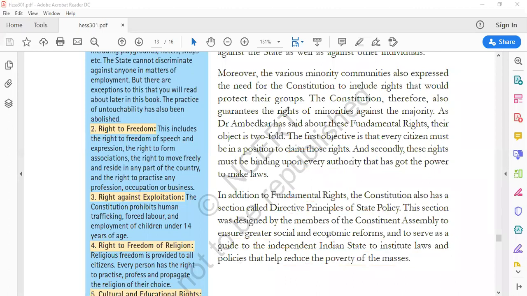Are you understanding? DPSP is not enforceable, you guys know it, but DPSP was created so that it will create social and economic reforms, plus it is like a guide to the state, that is the Indian political system. That is the important thing.